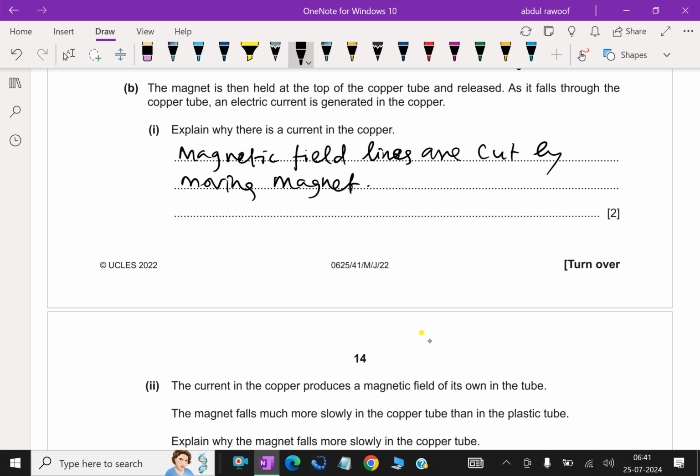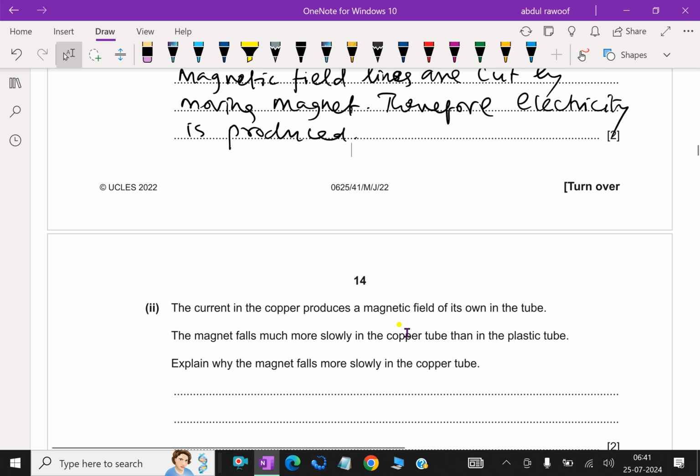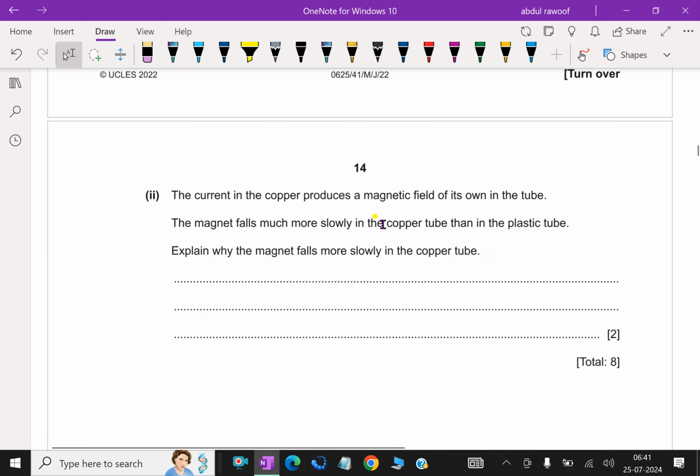Therefore, the electricity is produced. Then the current in the copper produces a magnetic field of its own in the tube. The magnet falls much more slowly in the copper tube than in the plastic tube.